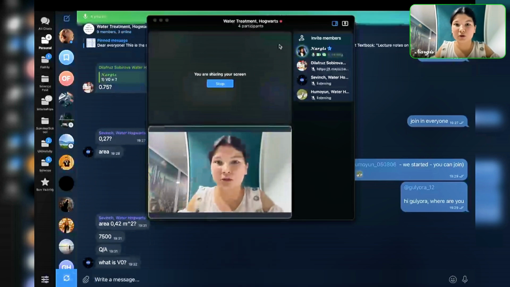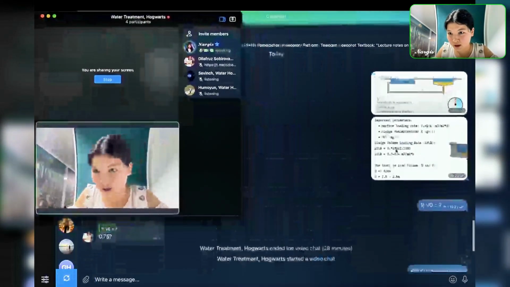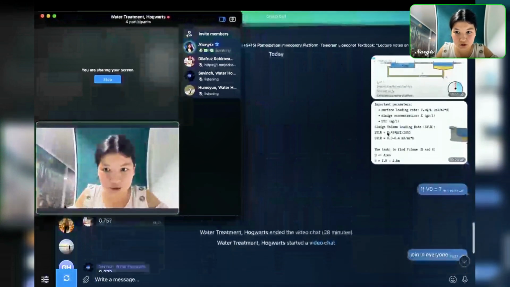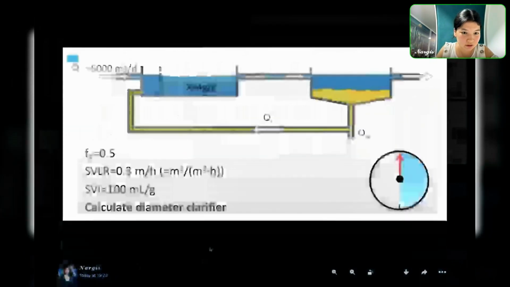Okay, so look. The first thing you should have started with is finding V0. Is my screen visible? Yes, so you should be able to follow me.